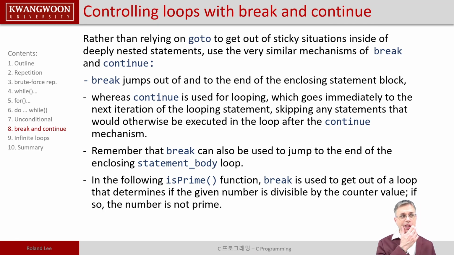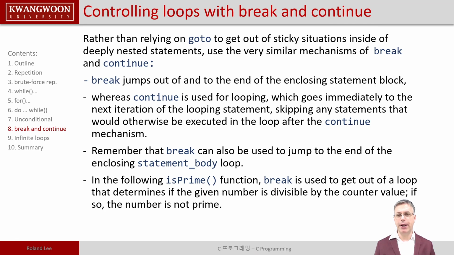Okay, now controlling loops with break and continue is our next point. Rather than relying on goto to get out of sticky situations inside of deeply nested statements, the creators of C provided two very controlled goto-like mechanisms.